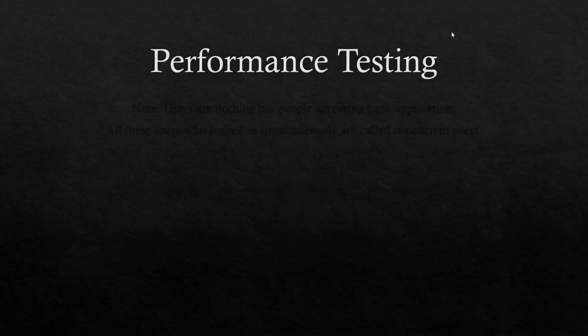So generally, if you consider a bank application, let's assume that at 10 a.m. some amount of people are accessing the bank application. Now, in performance testing terminology, all these people who are accessing the bank application at 10 a.m. are called concurrent users, and they are simultaneously accessing the bank application, right?